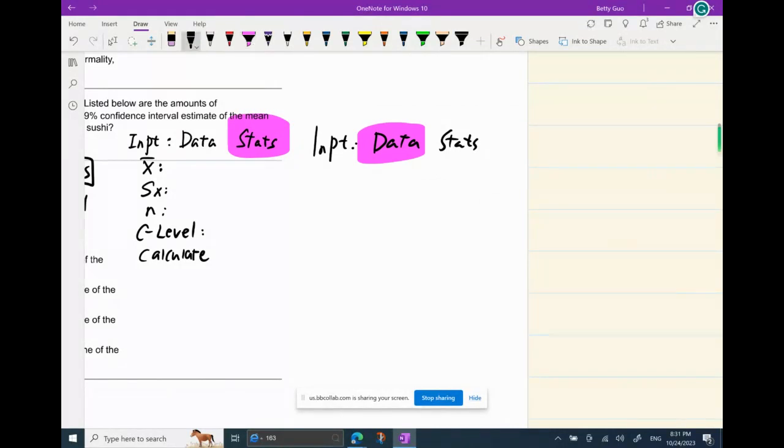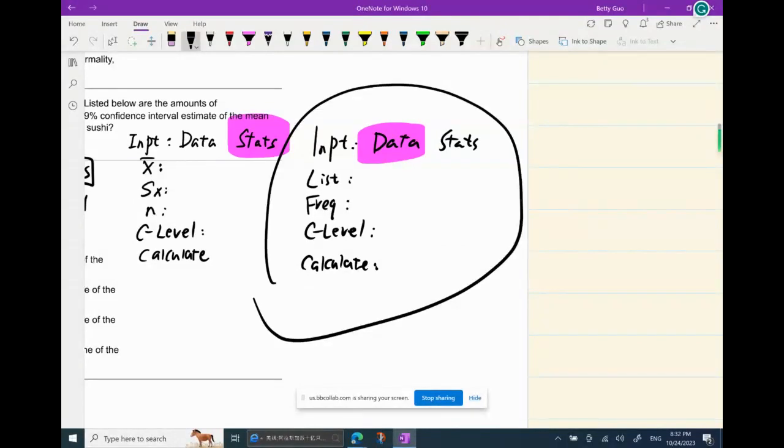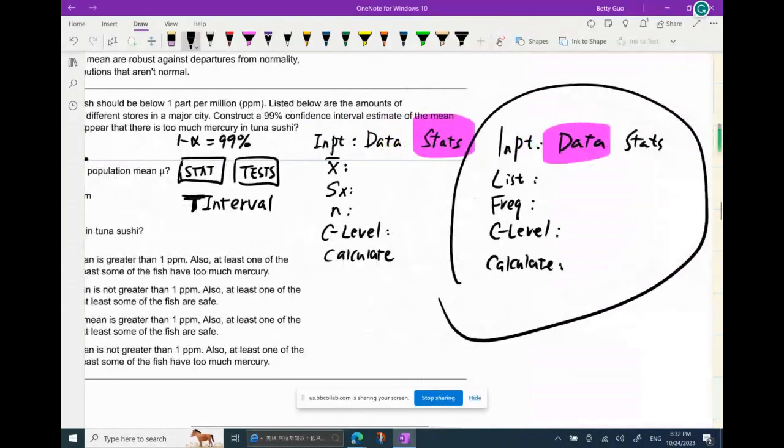You would have a list, the frequency, the C-level, and the calculate, right? So we decide to use this one because we do not have the stats given directly, right? All right. That means we're going to second mode, quit out first.